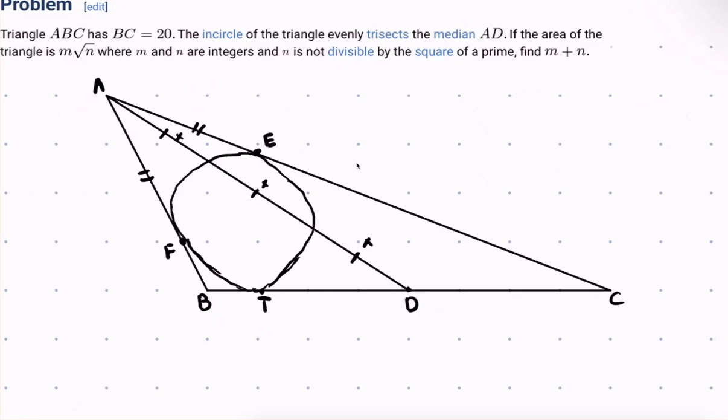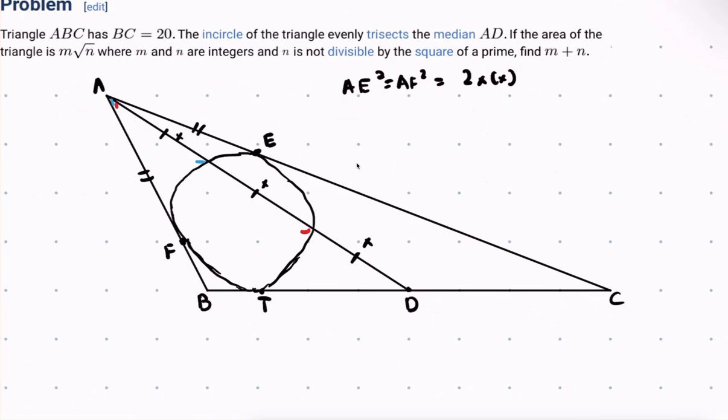But also notice that AE squared equals AF squared. It's also equal to, also by power of a point, this length and this length multiplied. So we can write it as 2x times x.